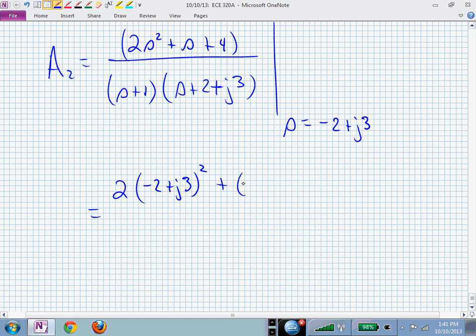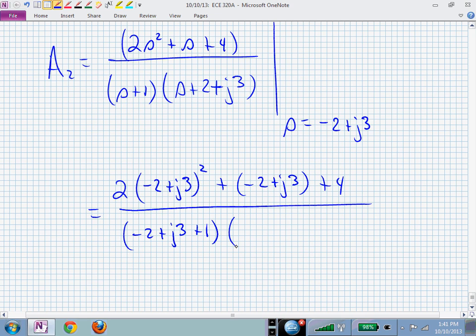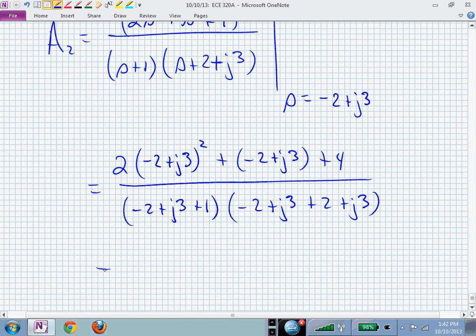Plus s, which is -2 plus j3, plus 4 all over -2 plus j3 plus 1 times -2 plus j3 plus 2 plus j3. If you get a 0 in the denominator at this point, you've made a mistake, because you shouldn't have things blowing up on you. Now you do the algebra.